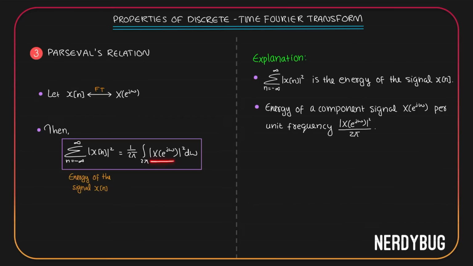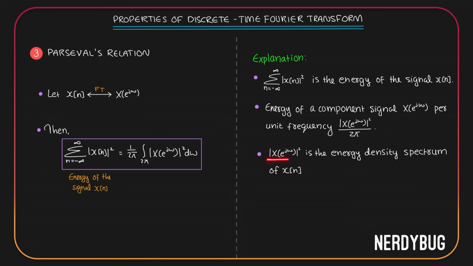Here magnitude of X of e raised to j omega squared will be the energy of one component signal X of e raised to j omega. But if we take energy of a component signal per unit frequency, since we are taking the integration over an interval of 2 pi, we can write it as magnitude of X of e raised to j omega squared divided by 2 pi.